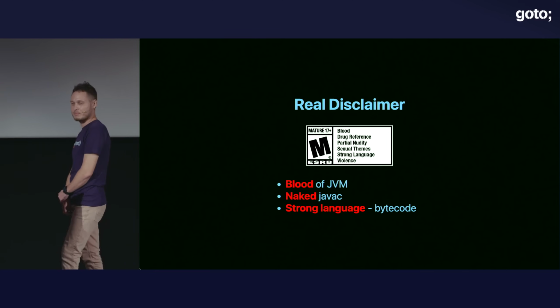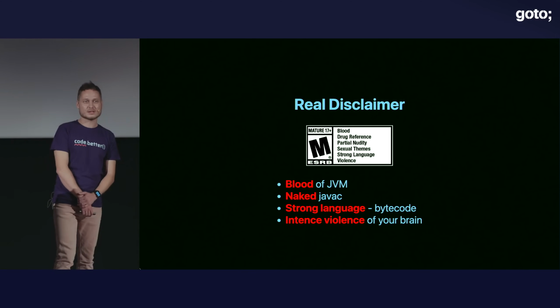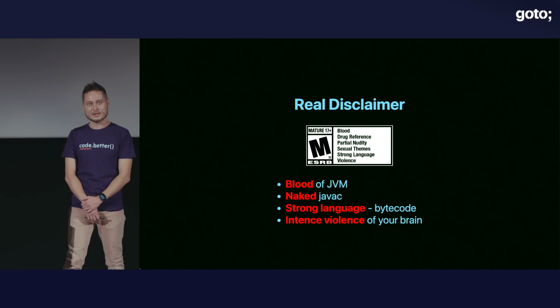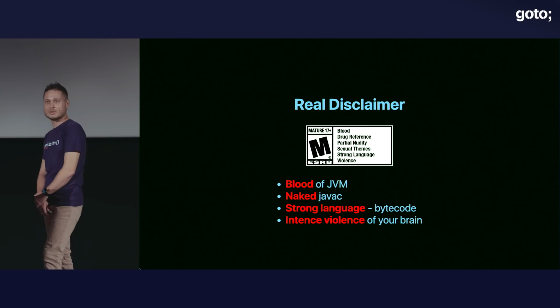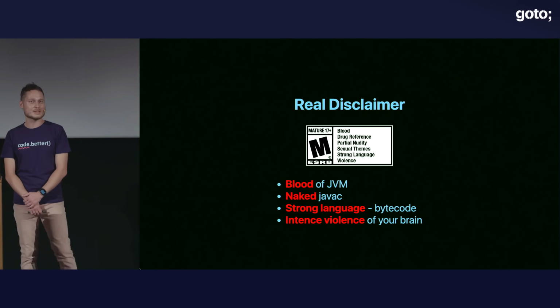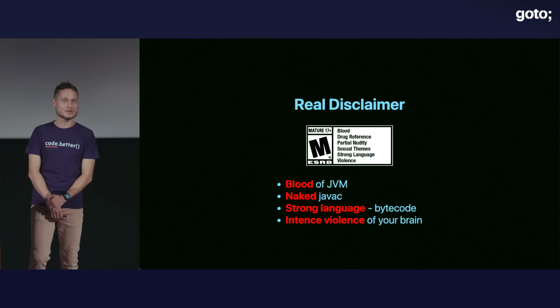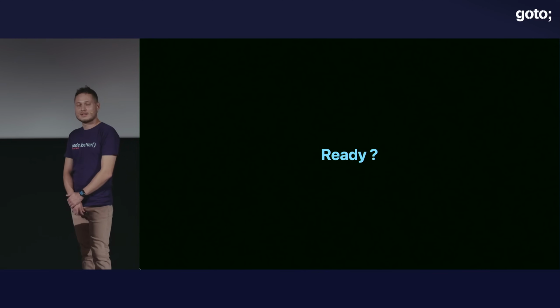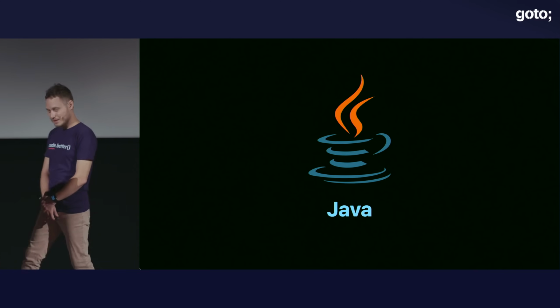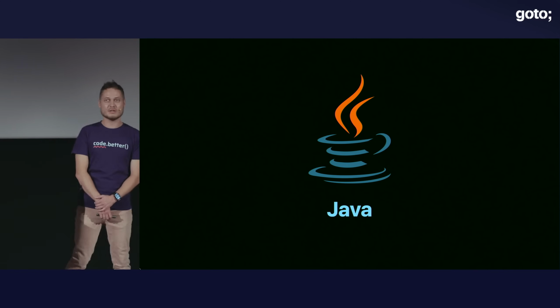We're going to talk bytecode. And within 40 minutes, I'm going to try to do intense violence to your brain. If you're not ready, there are other wonderful talks you can go listen to. If everybody goes, I will also listen to some other talk. So, are you ready? Yeah, OK. Relax. Take a cup of tea or coffee and enjoy Java.